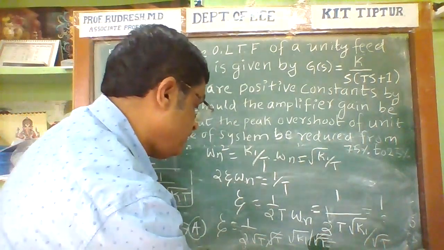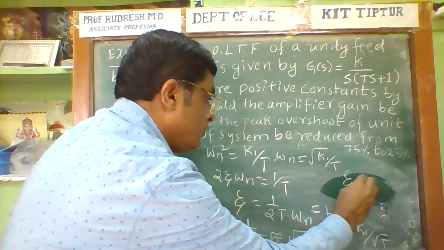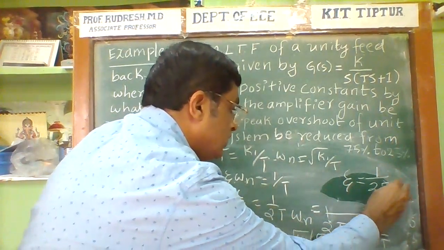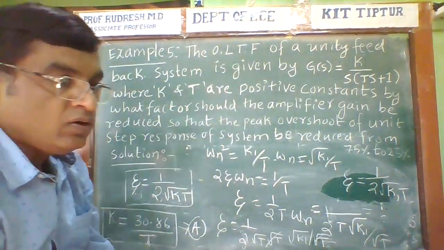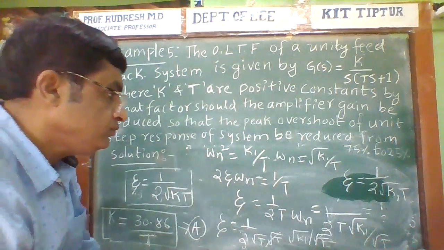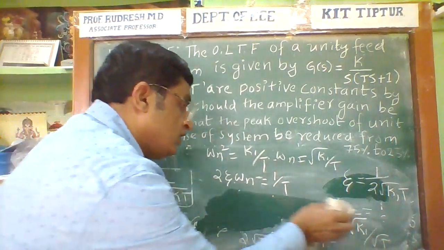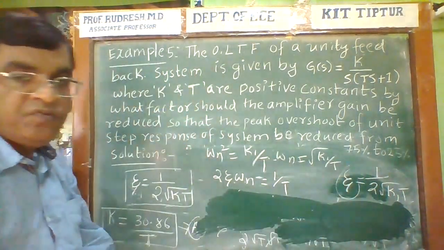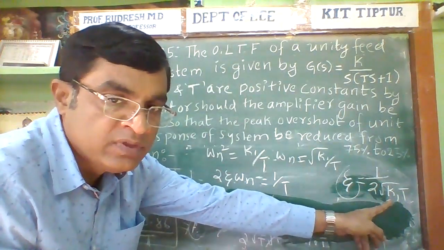Therefore, what is the value of zeta? The zeta is equal to 1 by 2 into square root of k1 into t. Now, if I know the zeta value, then we can easily calculate the k1.